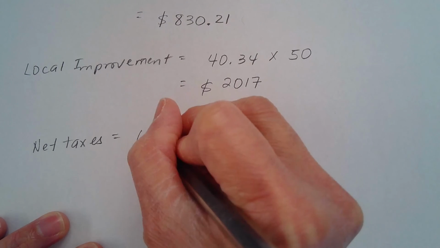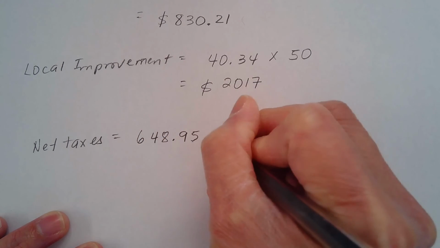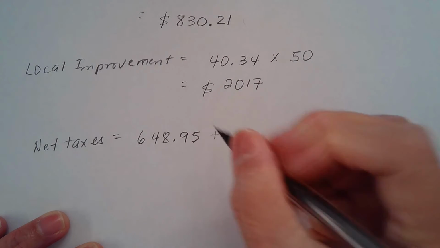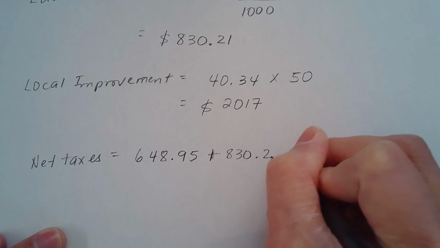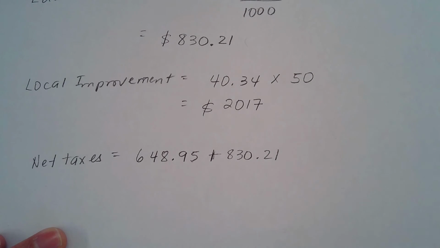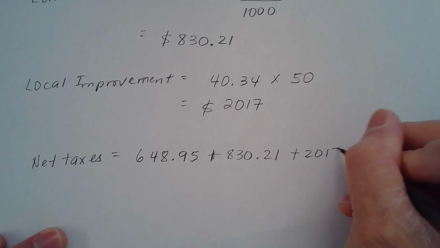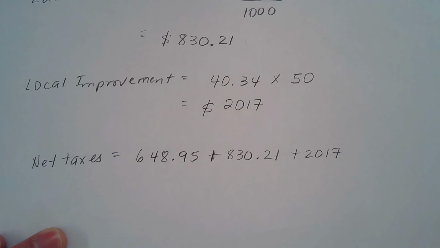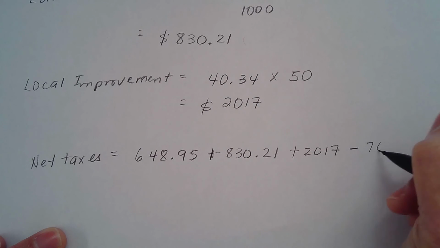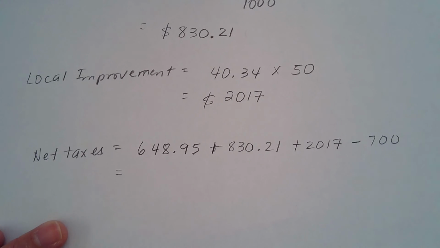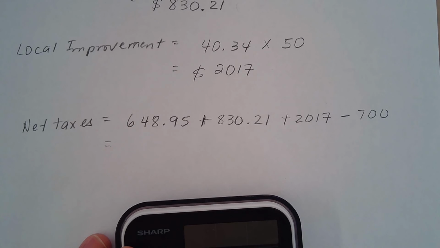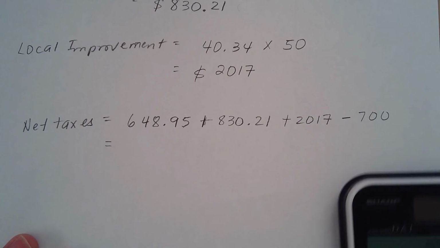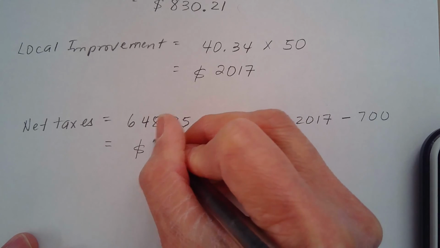Municipal tax is $648.95 plus we got the education tax, which we calculated as $830.21 plus local improvement of 2017, and then they talked about the property tax credit, and that's subtracted. So let's figure that last part out.